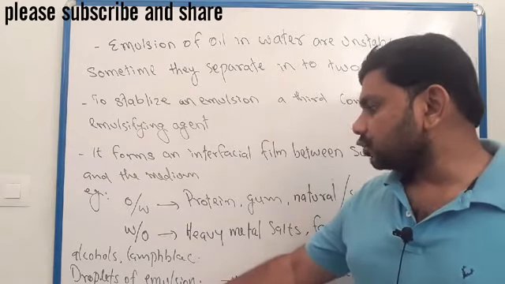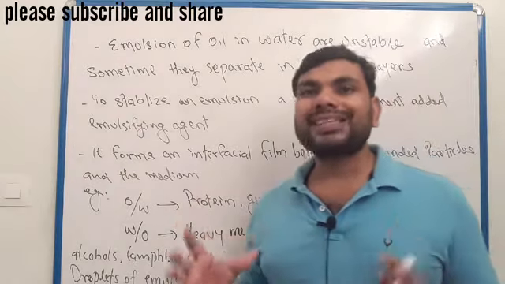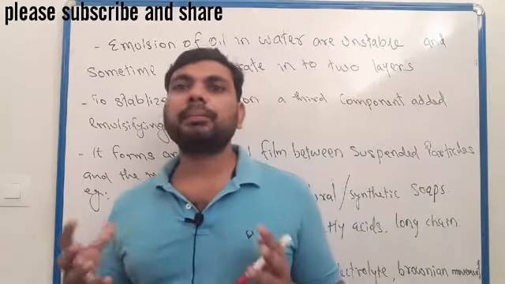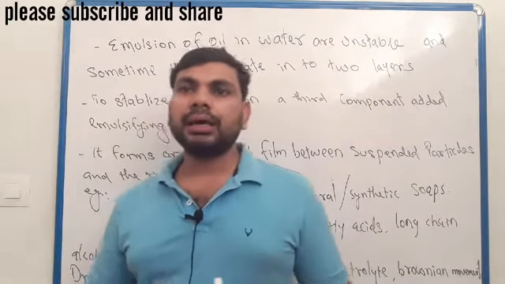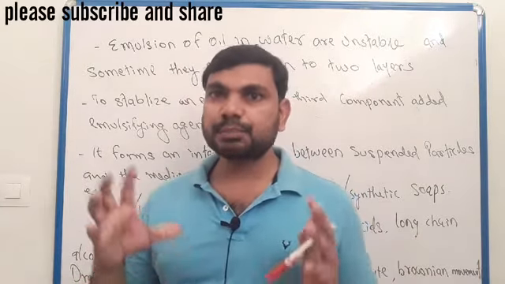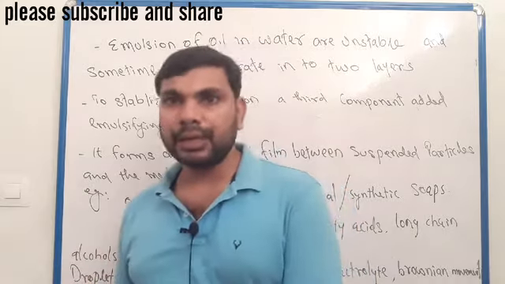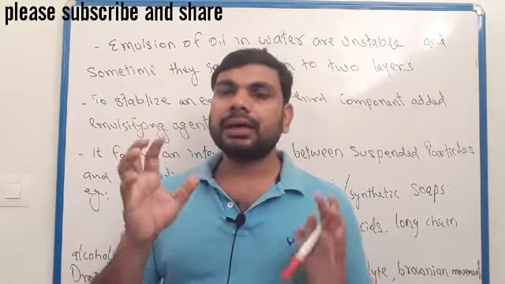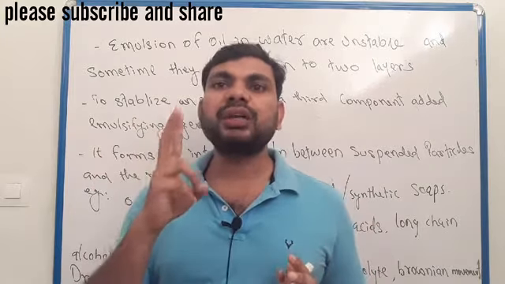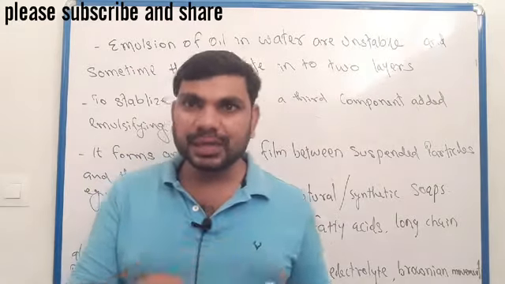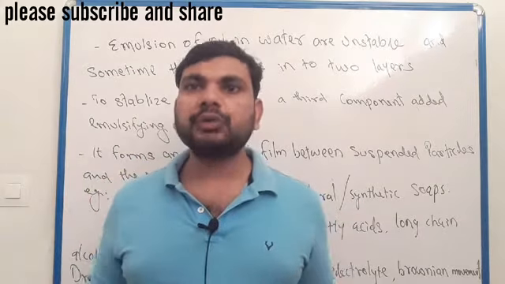Another topic we have to understand is droplets of emulsion. In an emulsion, there is a dispersed phase and a dispersed medium. In emulsion there are two different types of liquid, so both the dispersed phase and the dispersed medium are in the liquid state.